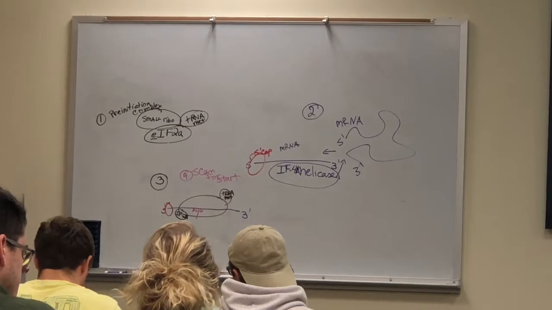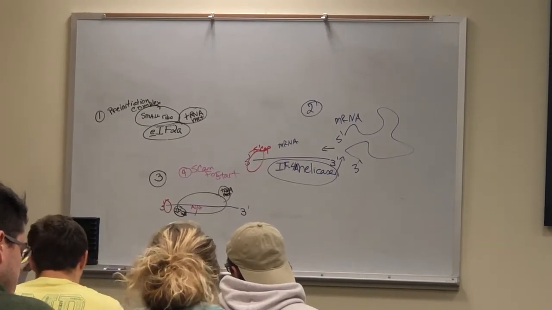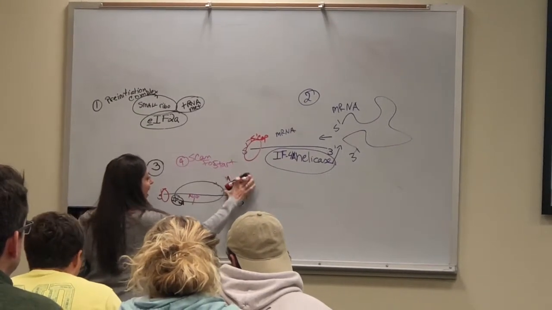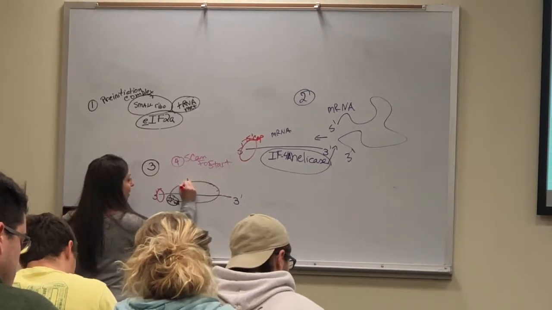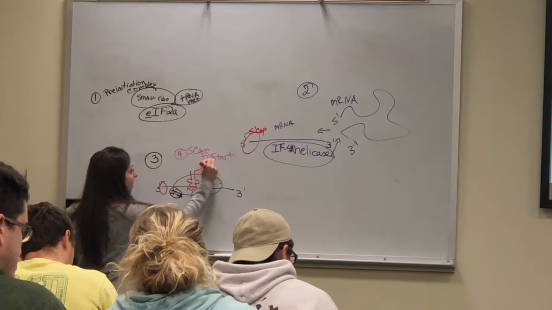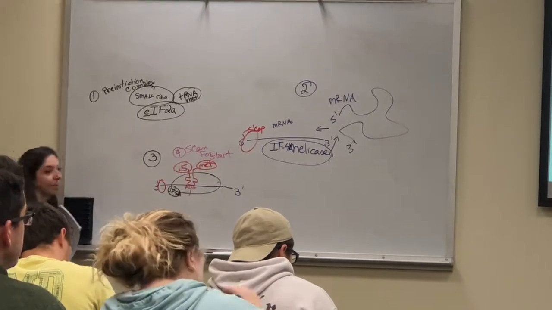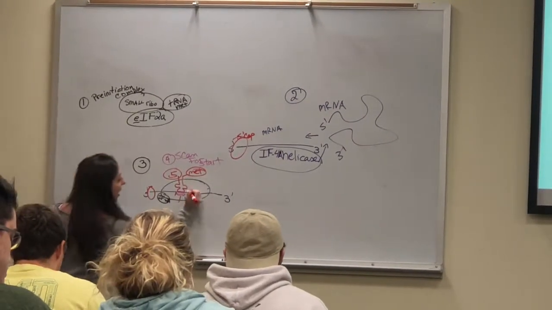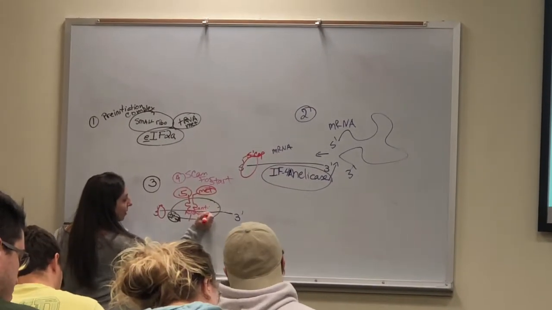I'm not sure how to go with this. I'm trying to get it so that you guys can actually use it to study. All right? At this point, the tRNA leaves this little spot and actually binds like that. Am I making sense? This is the anticodon. Here is your codon.